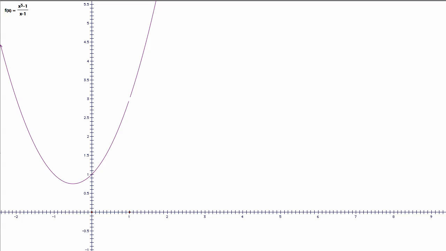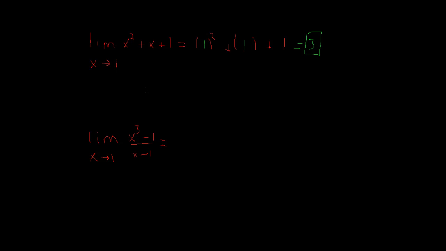Life would be really good if we could find another function that agreed with this function everywhere except maybe possibly at this point right here. And it just so happens that I chose a nice function. If you recognize this is just the difference of two perfect cubes, and if you remember how to factor that, it factors into the product of a binomial times a trinomial, all over x minus 1.